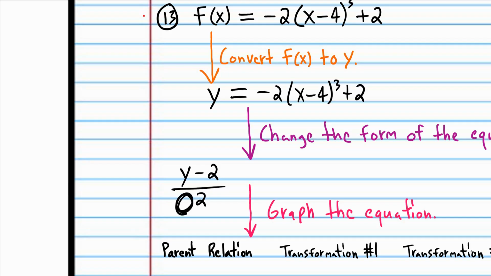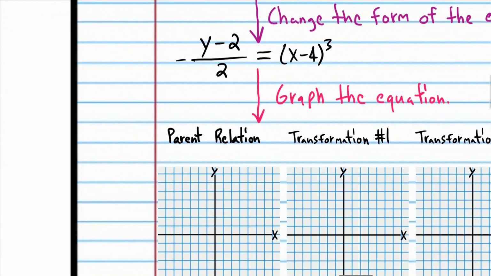And I could put the negative down here, but I'm going to write it right in front of that fraction symbol. We could also write the negative up in the numerator, but we'd have to use parentheses or we'd have to distribute. You can do it however you want. But I'm going to write it next to the fraction symbol there. And we're going to call this a parent function because we're now dealing with functions.